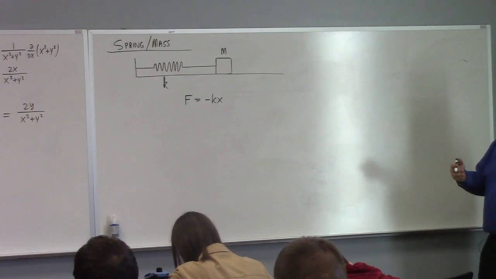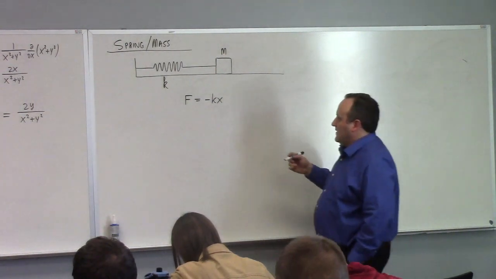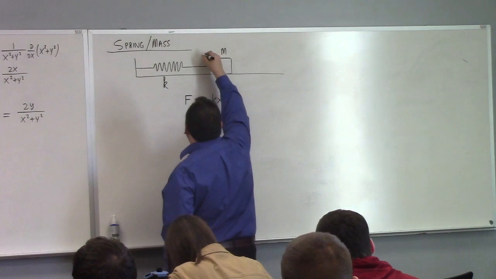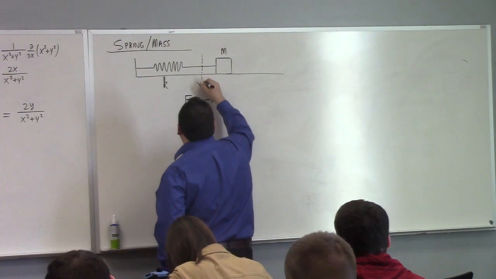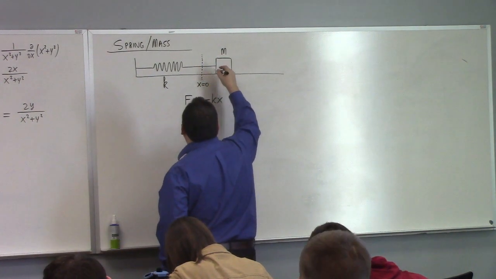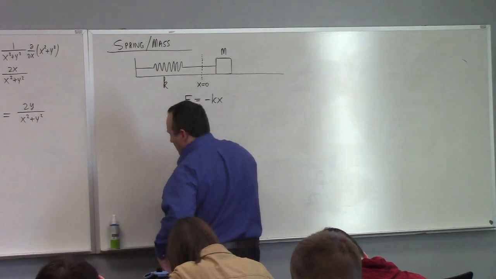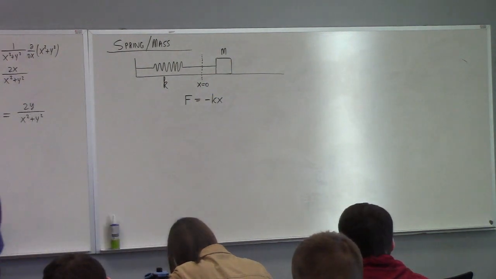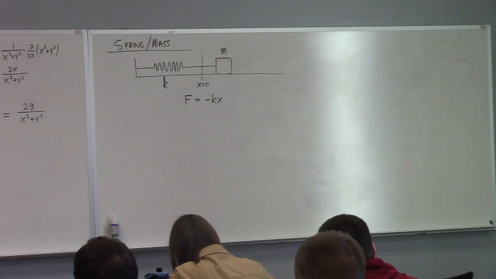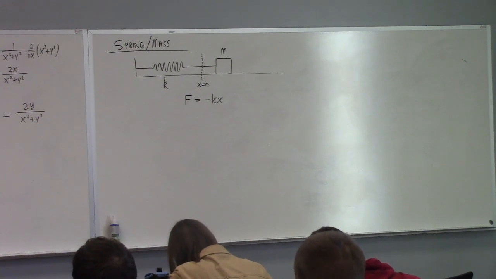The motion's one-dimensional, so somewhere in here is x equals 0, let's say. At the moment, my picture has the spring stretched out just a little bit.